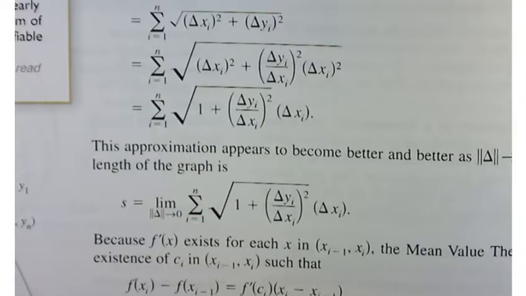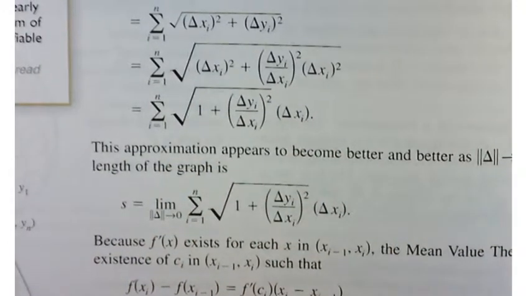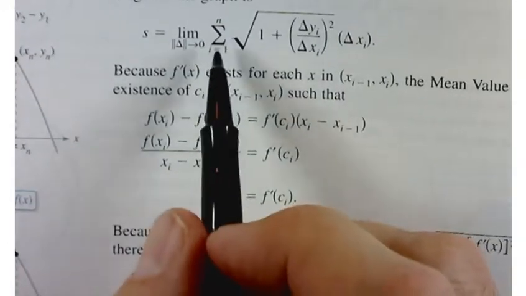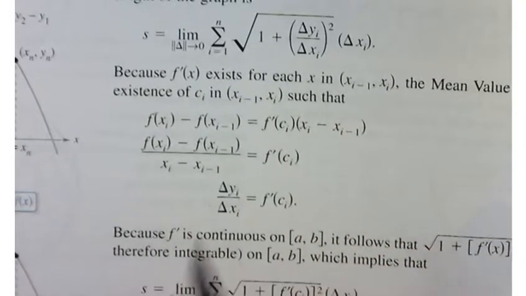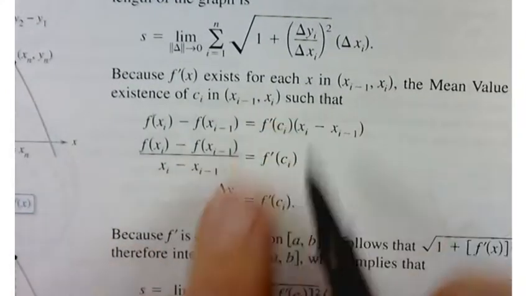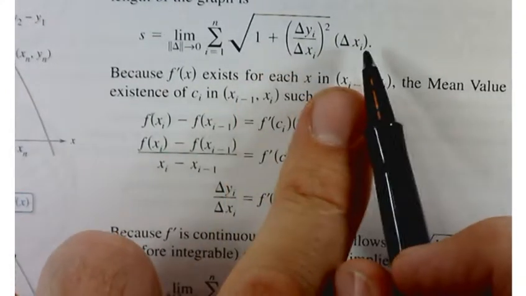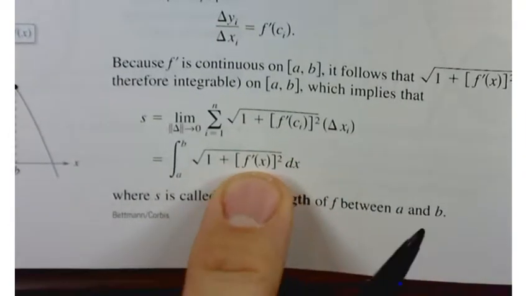But now what can we do to make our approximation better? Well, we can take the limit as these little arc lengths get very, very small. And as you take that limit, you're going to pass from a Riemann sum into an integral. With a little bit of work, including perhaps the mean value theorem, you can replace these down to here.